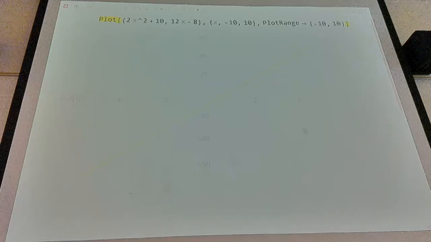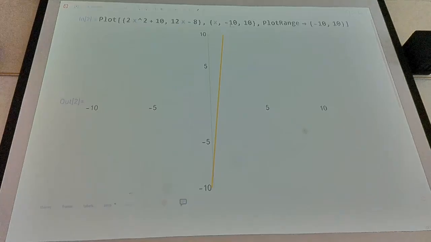So instead of letting Mathematica choose it, I'm choosing it. No, it's still not showing me anything. Oh, that's wonderful. Oh dear. Useless.